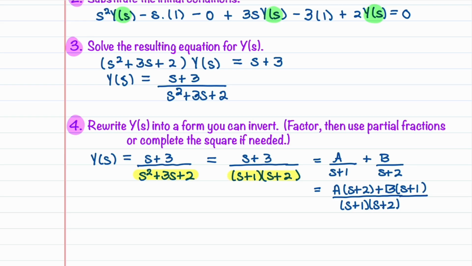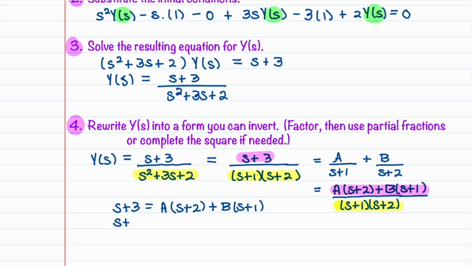Our denominators are the same, so now all we have to do is equate the numerators. This gives us s plus 3 is equal to A times s plus 2 plus B times s plus 1.